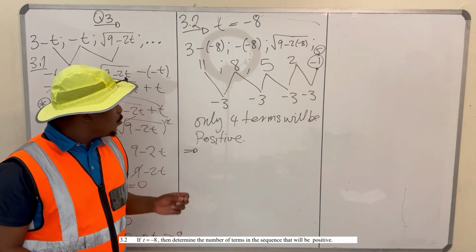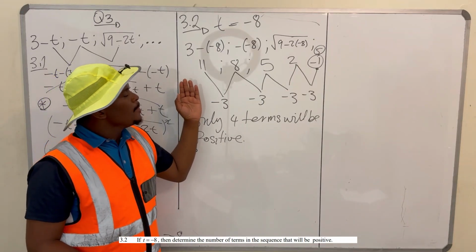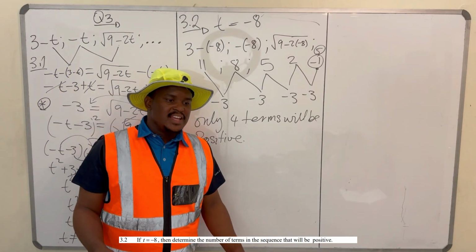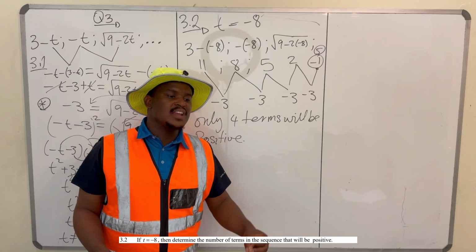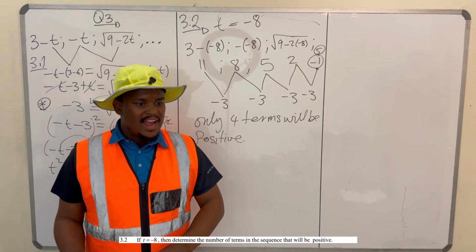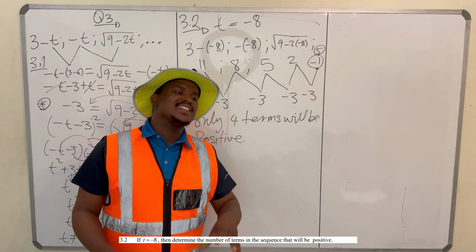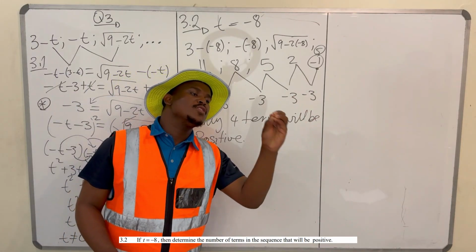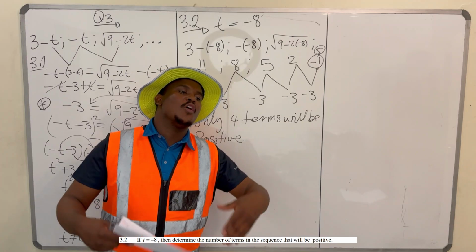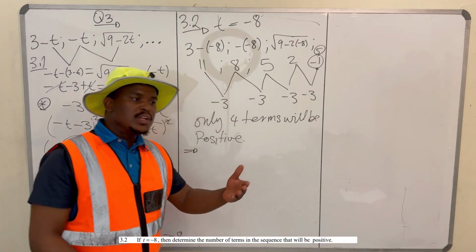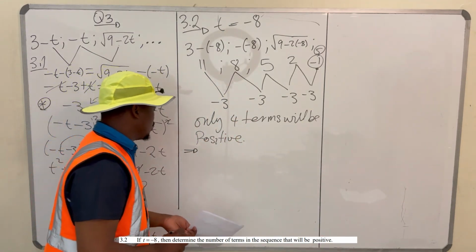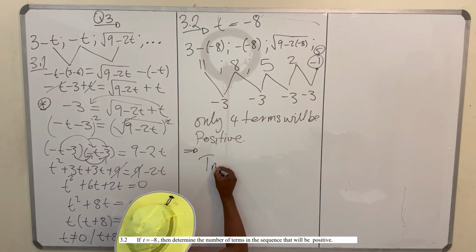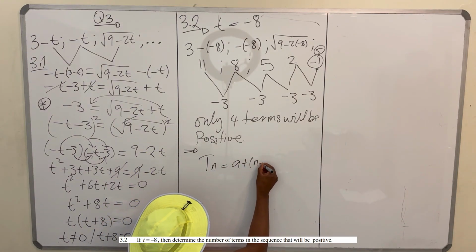No matter what the sequence is, if they're asking you for which values of n the sequence will be positive, then you must find your general term, the nth term, and ask yourself for what values of n your nth term will be positive. So what we need to find is our nth term. You know that Tn is equal to a plus n minus 1 times d.